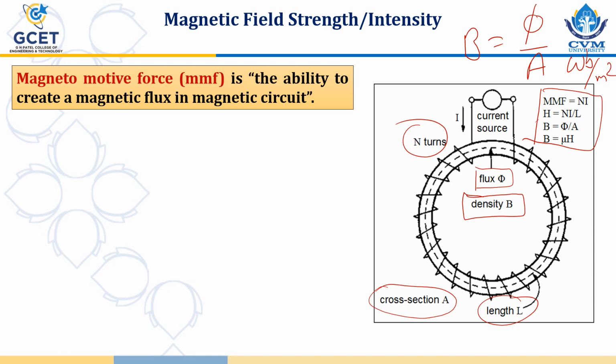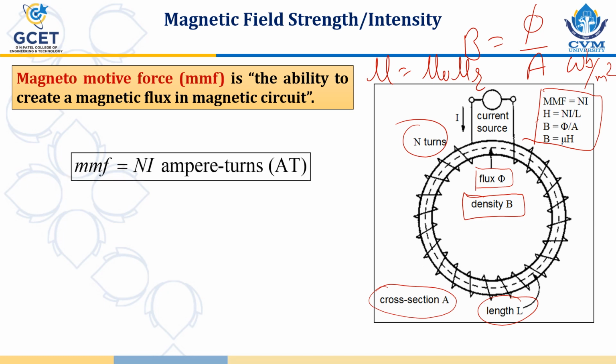So B is equal to mu H, where mu is the permeability of the material and mu is equal to mu 0 mu r. So we can write B is equal to mu 0 mu r into H.